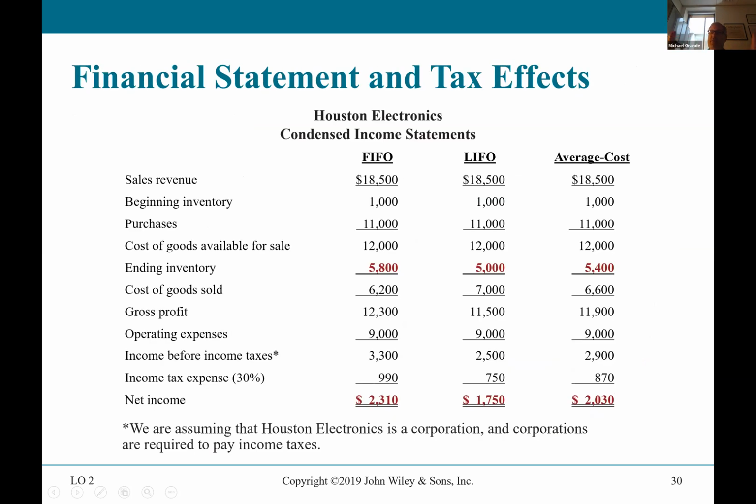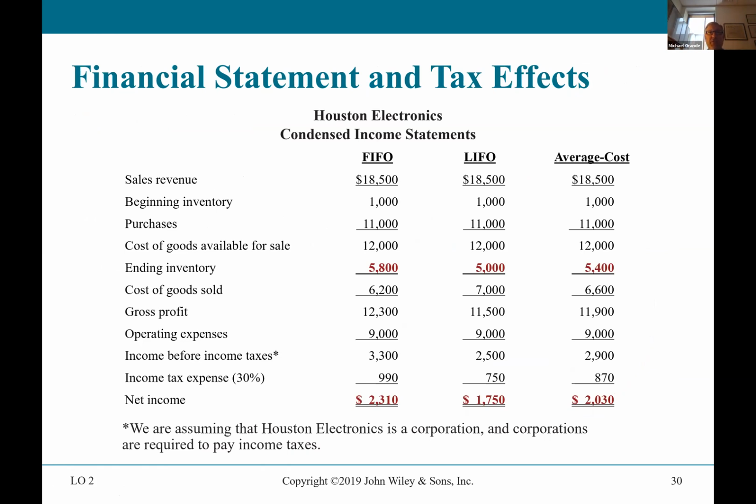Now, this is what's really interesting, because the sales revenue doesn't change, but you can see, because the cost of goods sold is different under each of the scenarios, the net income is different.